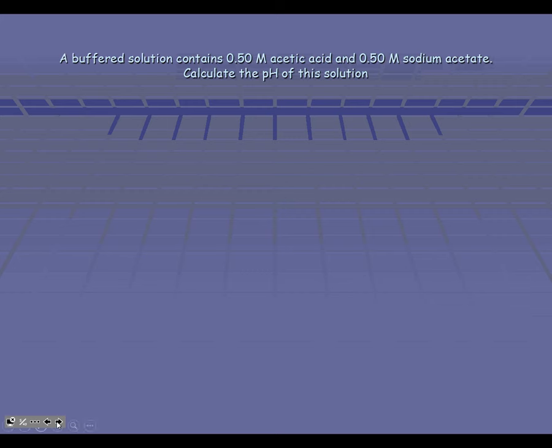So first thing I'm going to do is look at this a little bit and see if I have a common ion. So I'm going to write the formula for my acetic acid and my formula for my sodium acetate. And you can't really miss the common ion. They both have acetate as a part of them.